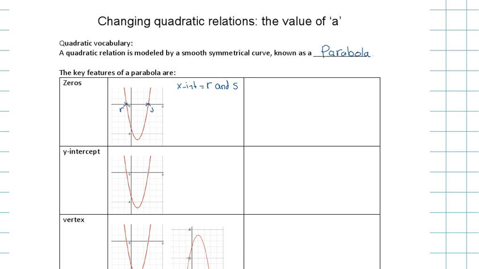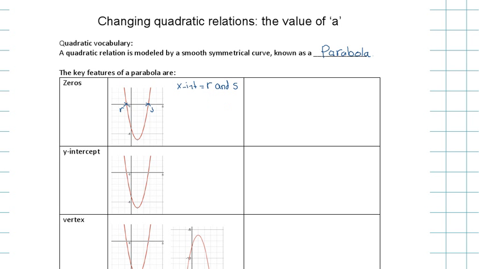You see that "and" is important. We don't write R comma S. That's not right. When you're labeling it, when I ask you what are your x-intercepts, you're going to have to put the values with an "and" in between.